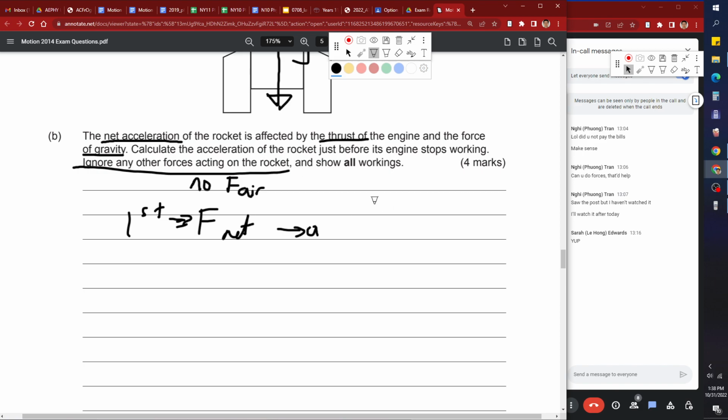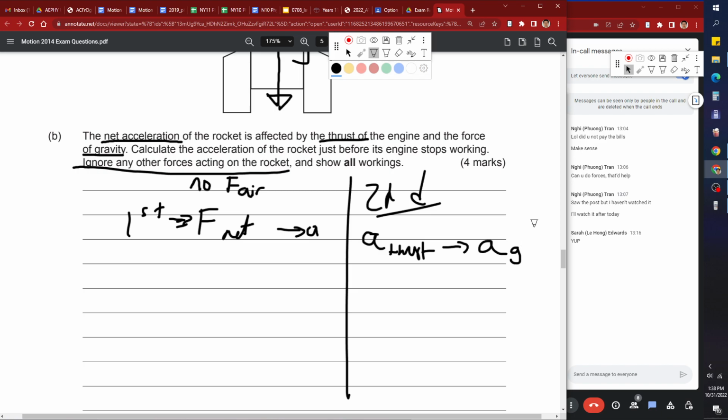The second way is just to find the different accelerations. So the acceleration due to the thrust, and then you know the acceleration due to gravity, because that's always the same.